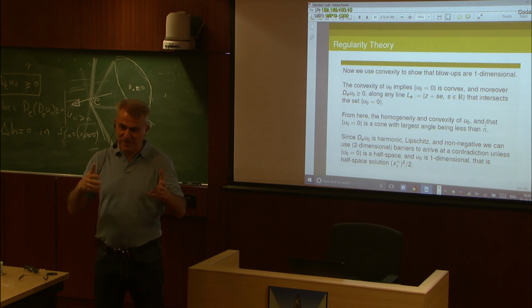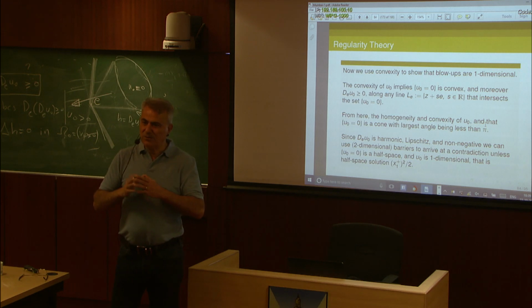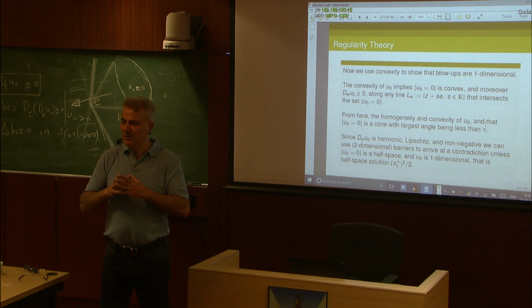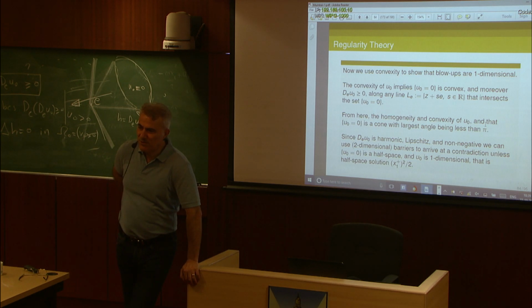You're taking out the source: the Laplacian of u0 is 1. So this is going to be a harmonic function. They are both 0 here, and they both have quadratic growth. So if you take the derivative of this, that will have linear growth.